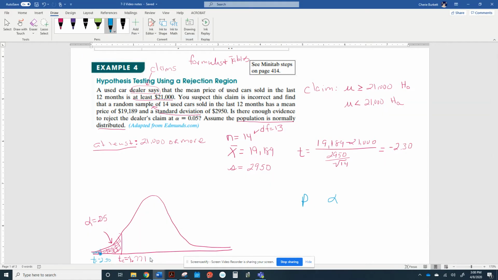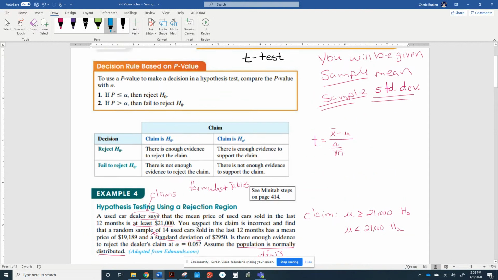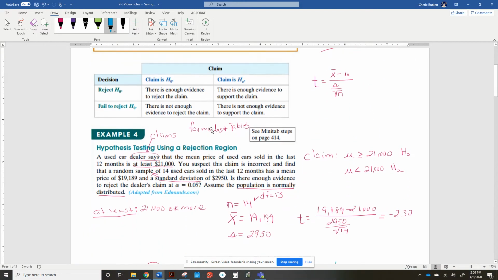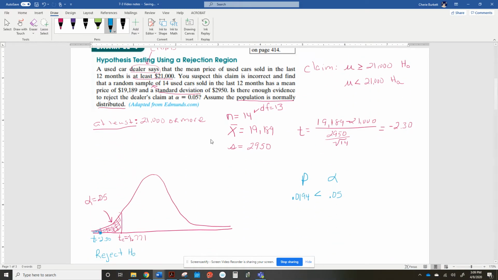So the p-value is 0.0194. Our alpha was 0.05. When you compare these two numbers, you see that the 1 is smaller than the 5. So the p is less than alpha, and if you go right up here, remember it's less than or equal to. So when it's less than or equal to, what do we do? We reject the null.